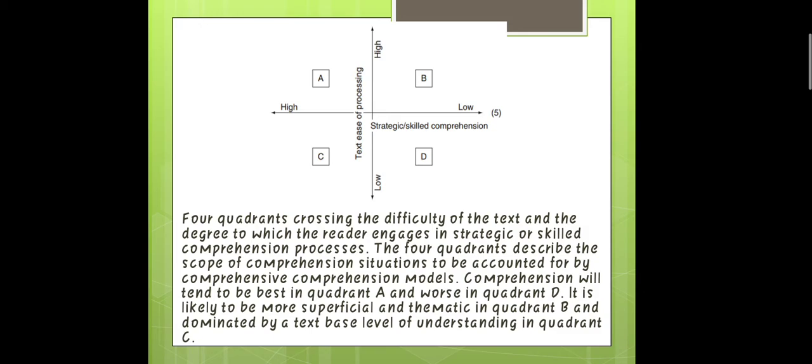Now, the four quadrants here describe the scope of comprehension situations to be accounted for by comprehensive comprehension models.